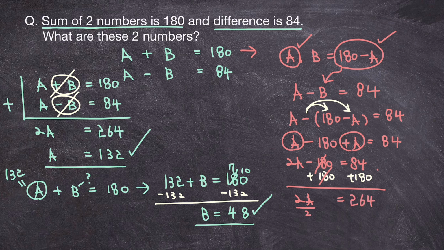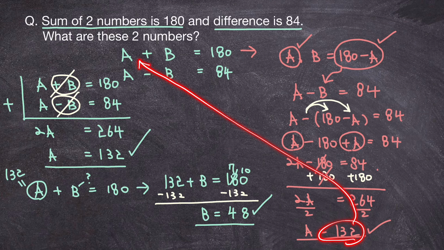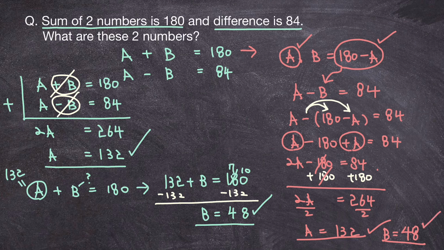And if I divide both sides with 2, I get A is equal to 132. So one variable is down, and all there is left for me to do is plug this number back into this original equation to come up with B. So B is, of course, equal to 180 minus 132, which is equal to 48.